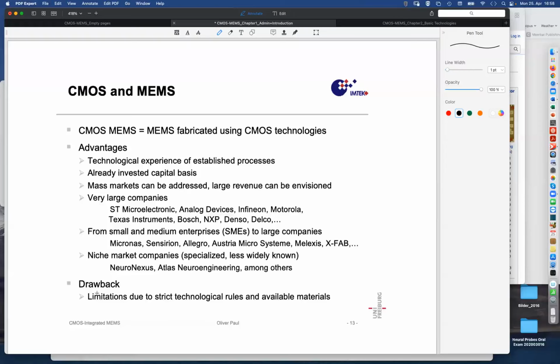But of course, there are drawbacks with CMOS. There are advantages that I outlined that many people use beneficially, but then there are drawbacks because CMOS technology is something very restrictive. It's a certain kind of architecture, certain kind of materials, and so you cannot dream too wildly because those wild dreams can't be realized.